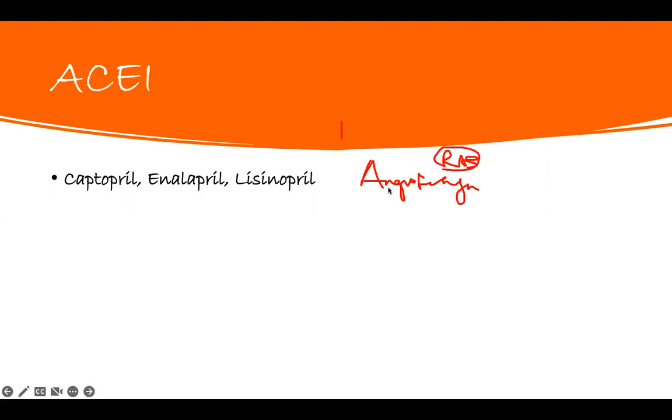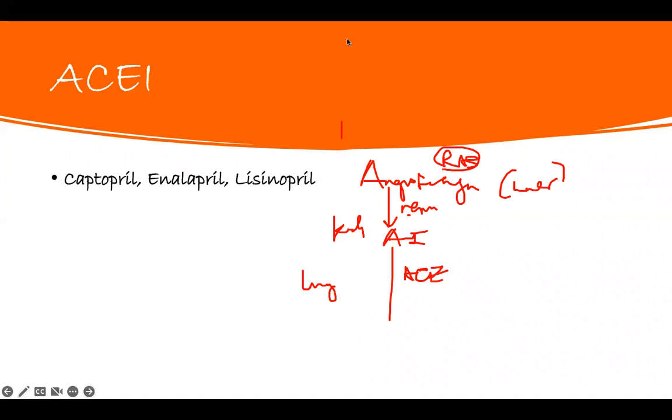It is made in the liver because it's a protein. And you go to the kidney, and renin in the kidney converts angiotensinogen to angiotensin 1. Then this goes to the lung. In the lung, you have ACE, angiotensin converting enzyme, that converts angiotensin 1 to angiotensin 2.